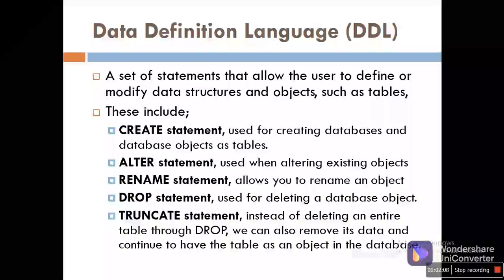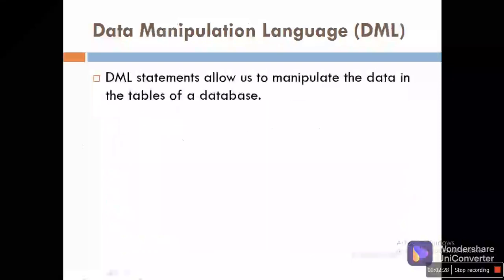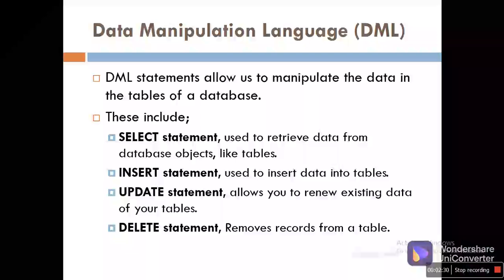Remember, there we said that this one creates objects like database and tables. So when you have an existing table and you want to make some changes to just the table definition, that's when we use the alter table, but not the data in the table. So the update doesn't work with the table, but it works with the data in the table.